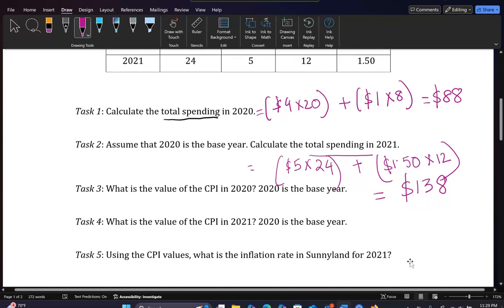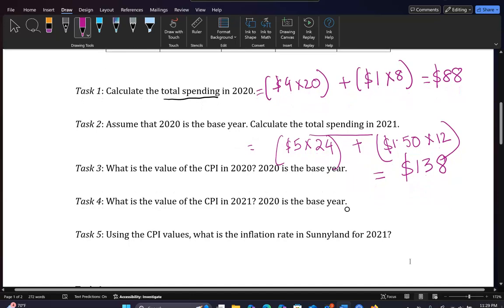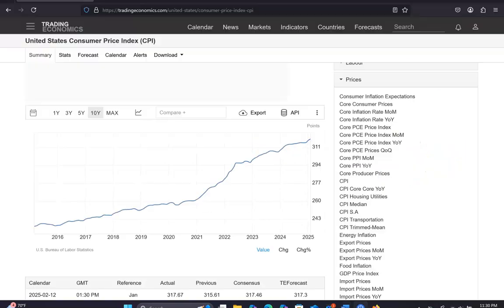Next thing is asking is the value of CPI in 2020. CPI is the total spending on a fixed basket of goods and services by an urban family of 4. Definitely, this definition suffers from substitution bias as well as new goods and quality change bias.